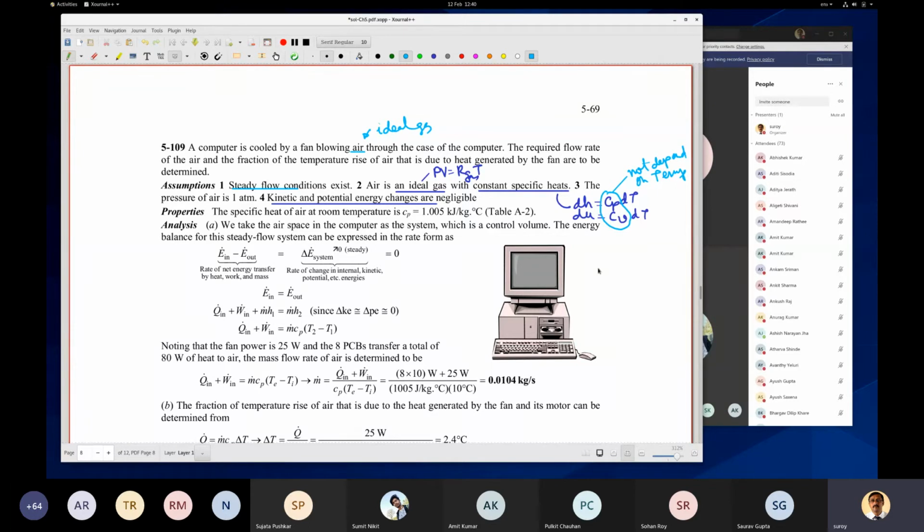And ideal means PV equals RT. If that is so, we know how to calculate the change in enthalpy and change in internal energy. So if it's steady state, steady flow, you can easily calculate.